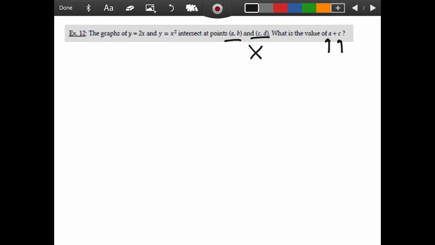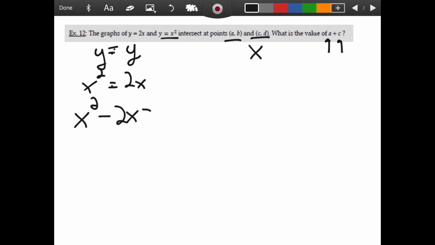So if they intersect, y is equivalent to y, so we want to set these equal to each other. So y equals x squared and 2x, right? These are equivalent in this problem. So now we'll solve for x. We'll move this 2x over. So we get x squared minus 2x equals 0. And then we can factor out an x, so x times (x minus 2).